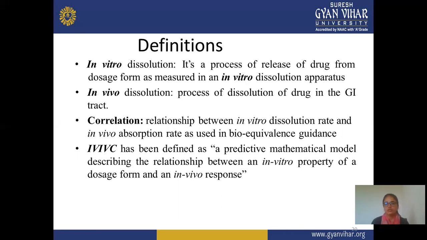So it is the relationship between in vitro dissolution rate and in vivo absorption rate used in bioequivalence guidelines. And IVIVC is defined as a predictive mathematical model describing the relationship between an in vitro property of a dosage form and in vivo response.